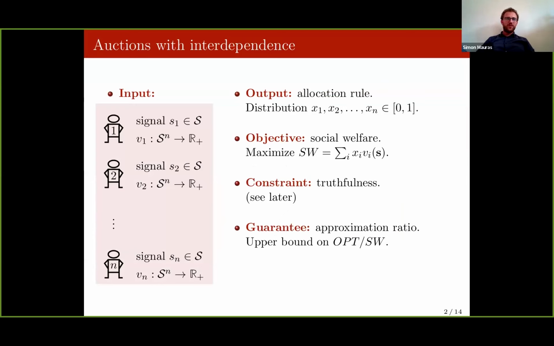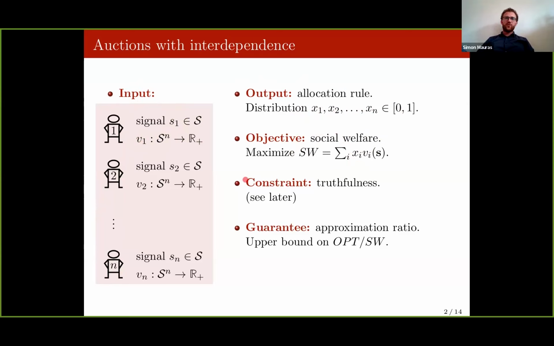So that we are all on the same page, let's start directly with the setting. As input we have n buyers, and each buyer has both a private signal, say s_i, and also a private valuation function that aggregates all signals into some value. The goal is to find an allocation rule, x_1 through x_n, which is the probability of each person getting the item, maximizing the social welfare: the expected value of the person who gets the item.